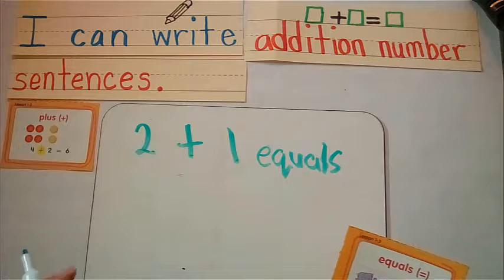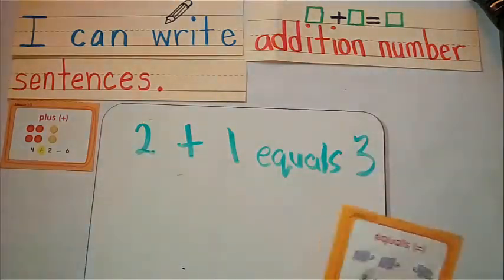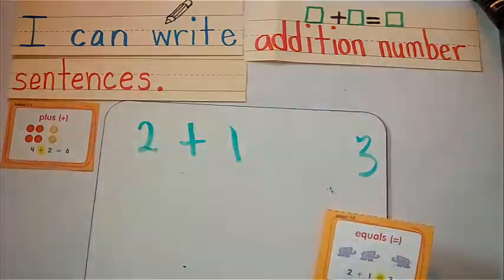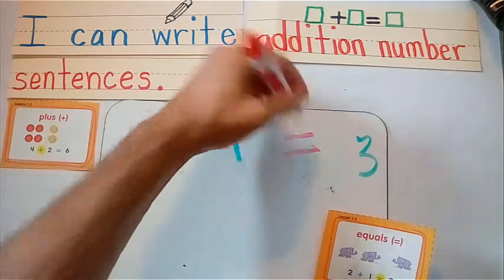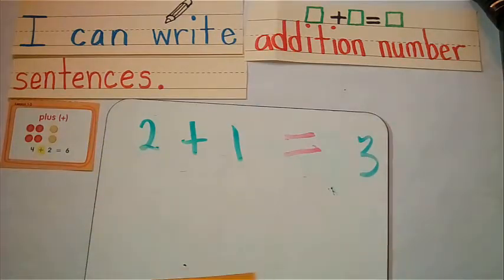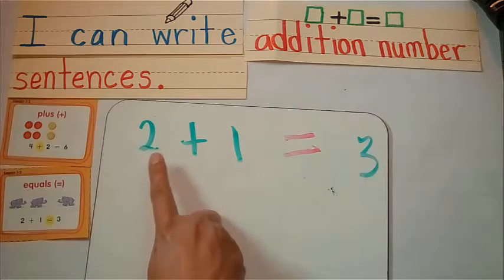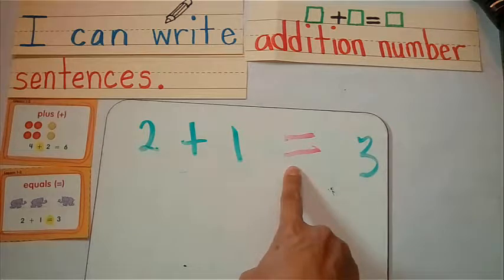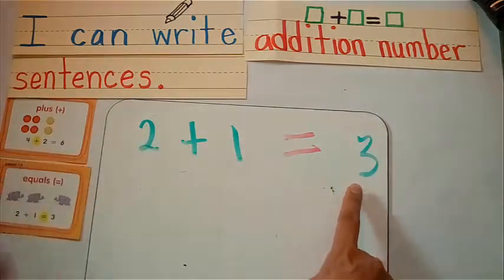We usually write the symbol equals, which is the two lines that are horizontal like that. So let's read the sentence. 2 plus 1 equals 3. So instead of writing the word, we write the symbol.